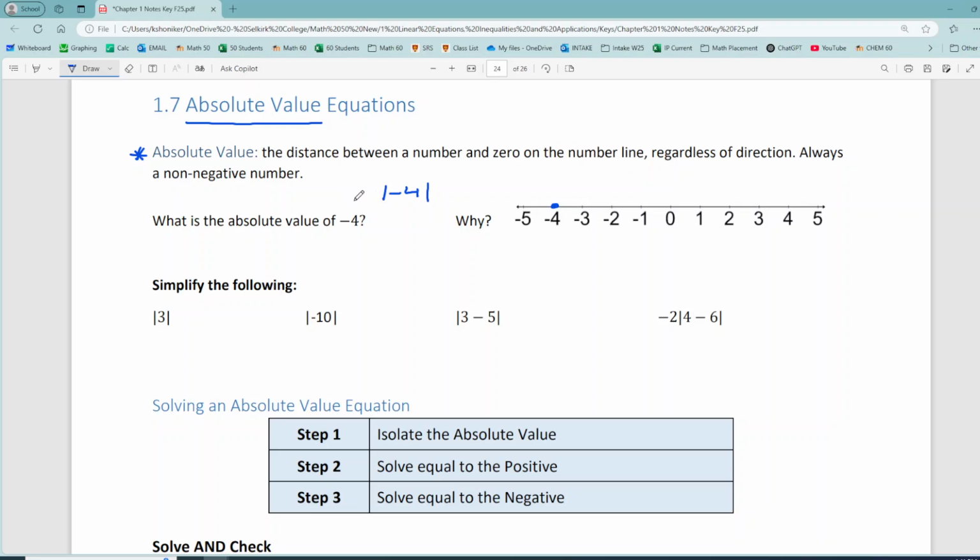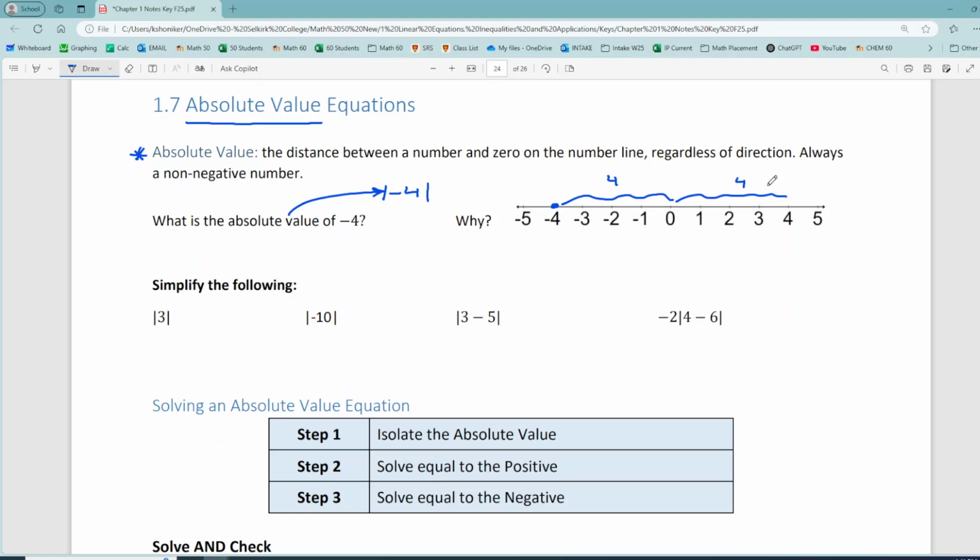The straight brackets mean absolute value. And if I said how far is -4 from 0 on the number line, you'd say that it's 4 units. It doesn't matter that it's in a negative direction. It is 4 units from 0 on the number line, just like 4 is also 4 units from 0 on the number line.